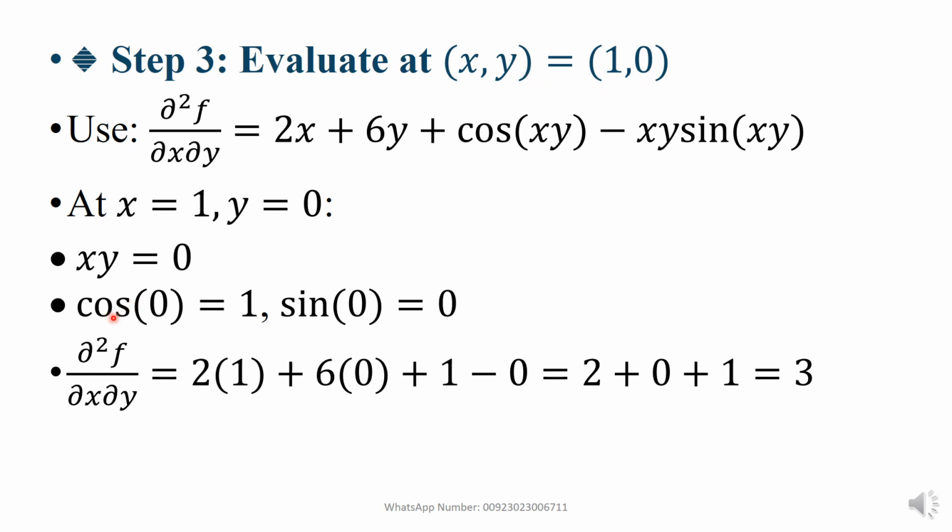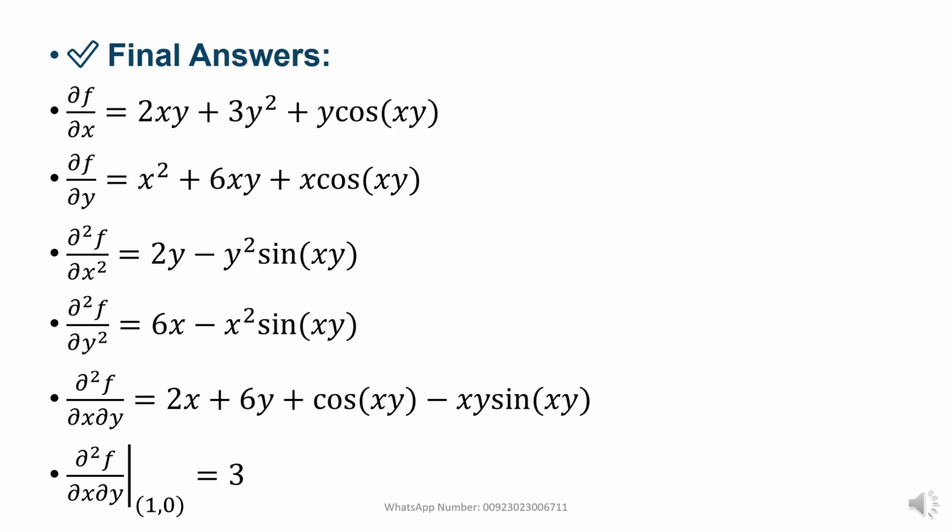Now cos 0 equals 1 and sin 0 equals 0. Putting in all the values, after simplification we get the final answer, 3. So we have found the answer step by step.